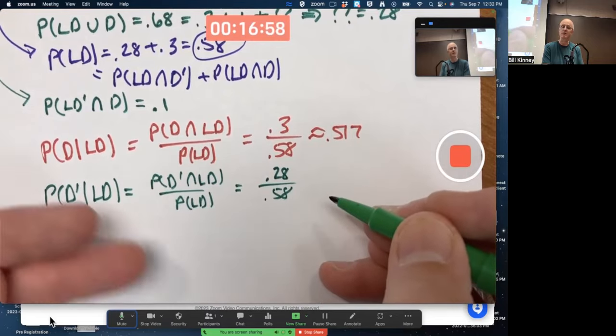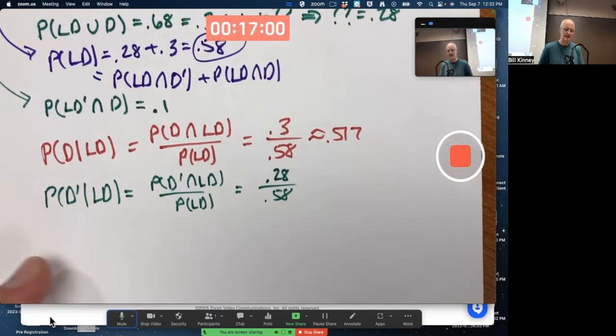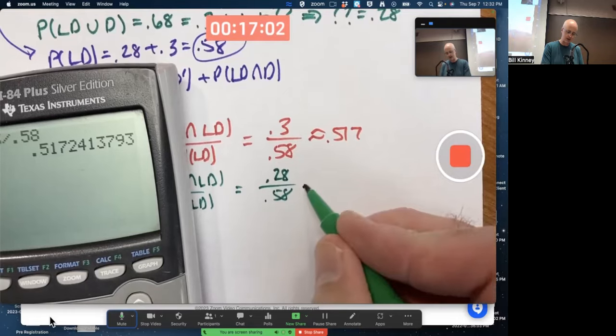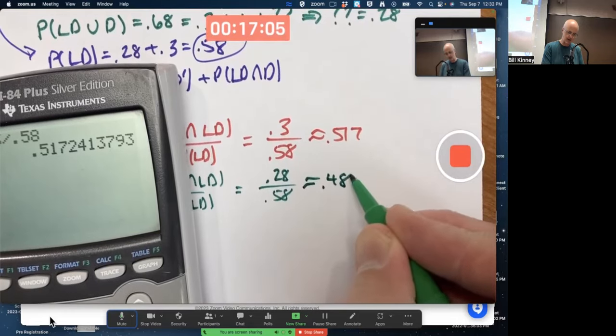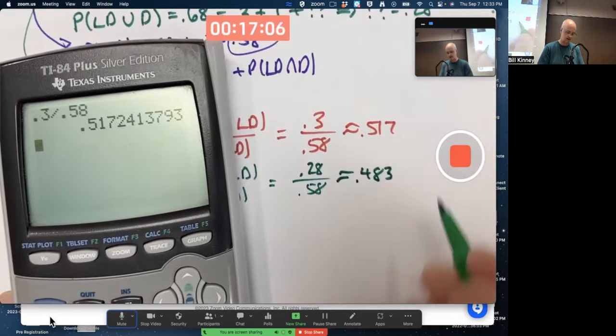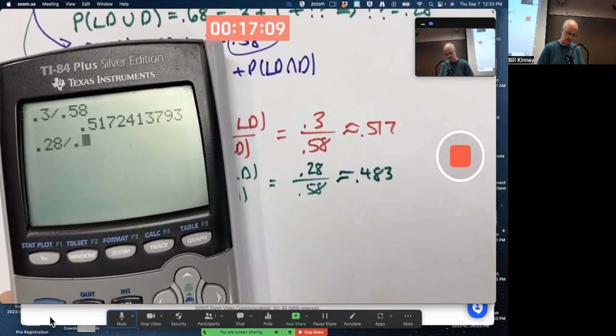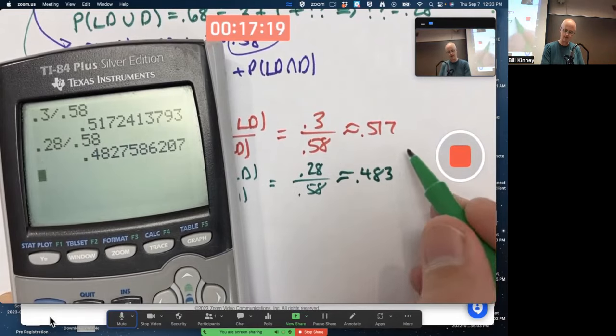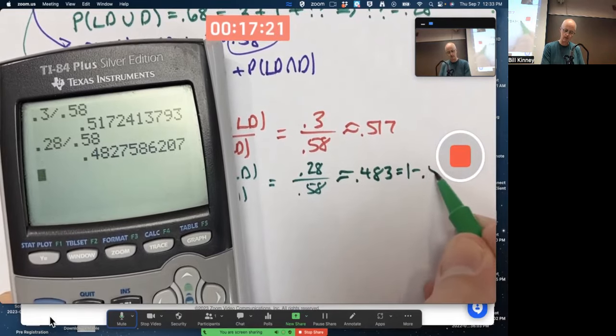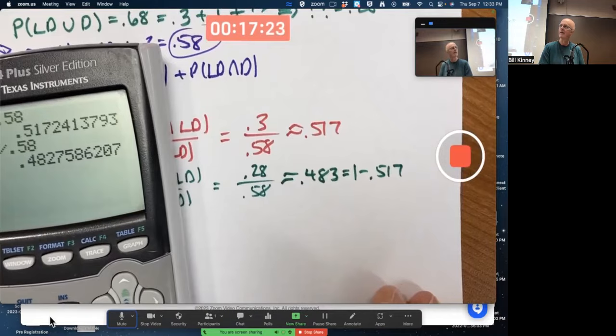You get 0.58 over 0.58 or 1. And yes, if you approximate this in your calculator, we should get 0.483. Let's see if we do. 0.483 when you round. One minus 0.517.